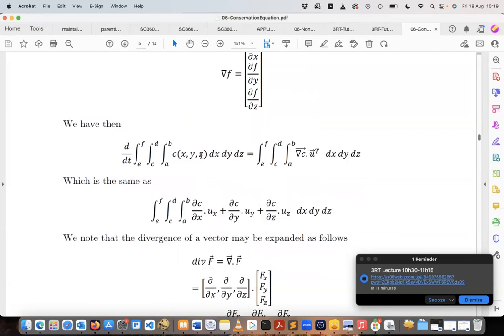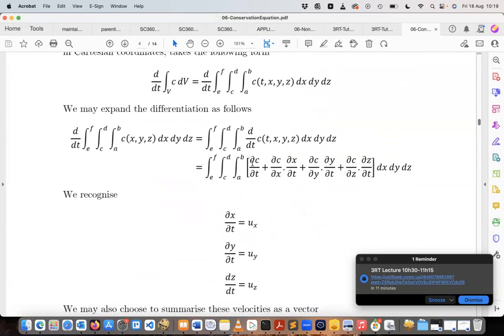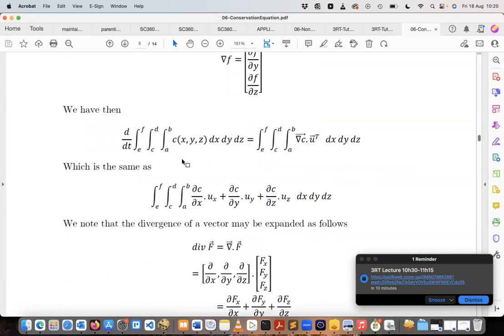Yeah, so if we go back to our balance here, if we don't have an explicit dependence on time, then we know this is nothing but del c dotted with the velocity, and that's equal to this thing out here. So we now have a way to view this, right?